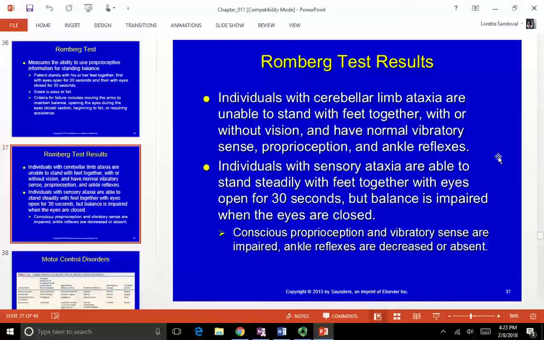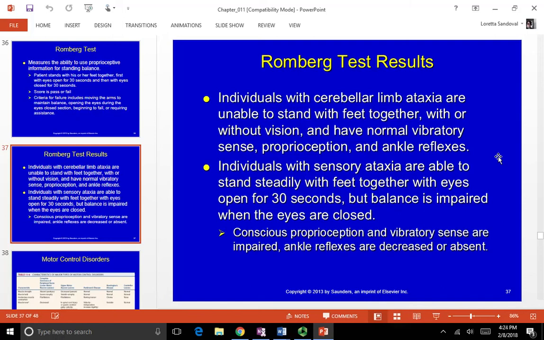People with cerebellar limb ataxia are unable to stand with their feet together with or without vision. They have normal vibratory sense and proprioception and ankle reflexes. So their sensory tracts are working, it's the cerebellum that's not working. People with sensory ataxia are able to stand steady with their feet together with eyes open for 30 seconds, but their balance is impaired when their eyes are closed.